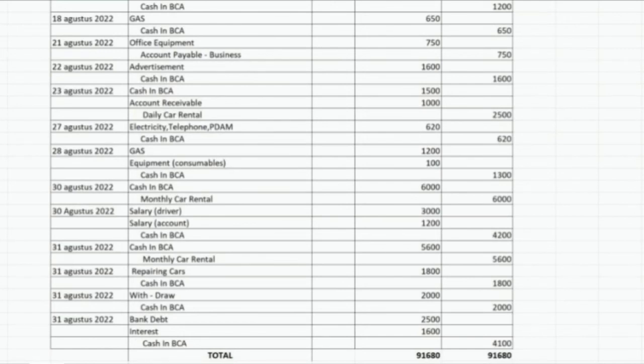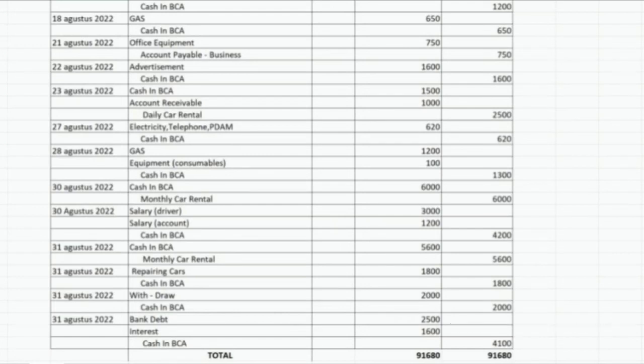Number 25, Jaya takes money for personal use. So, the expense increases on the debit side of 2,000 and the cash decreases on the credit side by 2,000. Number 26, car installment expenses and interest expense increase on the debit side by 2,500 and 1,600 and cash decreases on the credit side by 4,100.